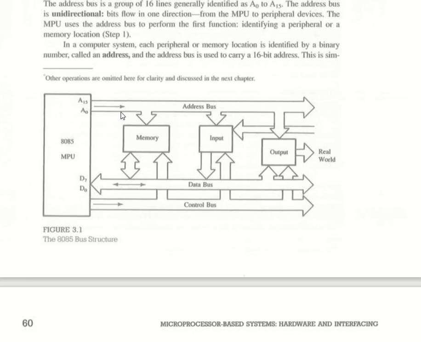Now see, the address bus distributes addresses to memory, to the input and to the output. About the data bus, see, the address bus is unidirectional. It only provides, right? It does not take anything from anyone. But see the data bus going here.